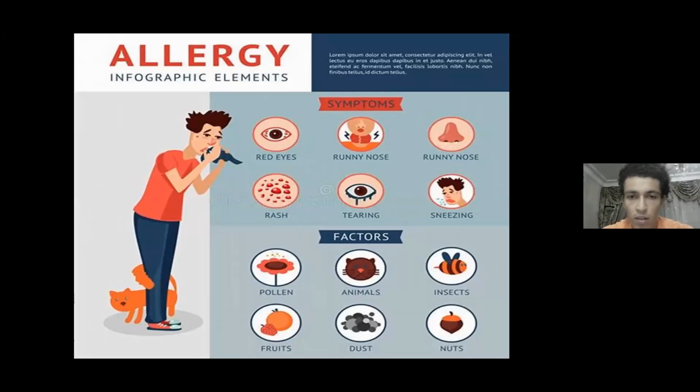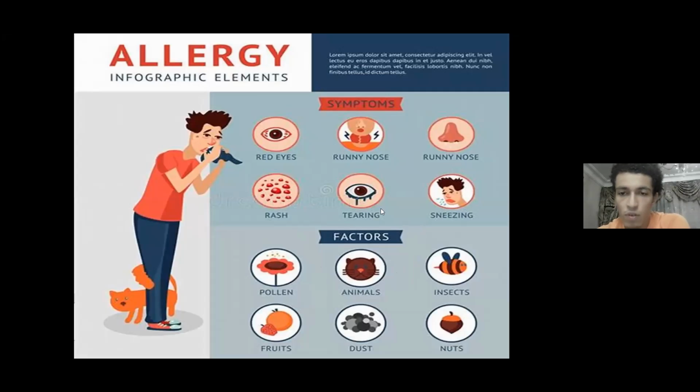So the allergy is like we see here: red eyes, runny nose again, rash, and he may tear if it's severe, and sneeze. The factors, as we said, is maybe food, pollen of the flowers, animals. Cat is very common for this allergic, and insects, and food, as I said, and dust.